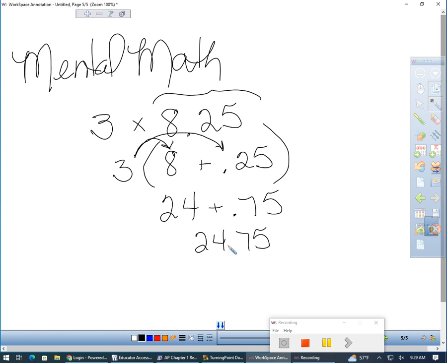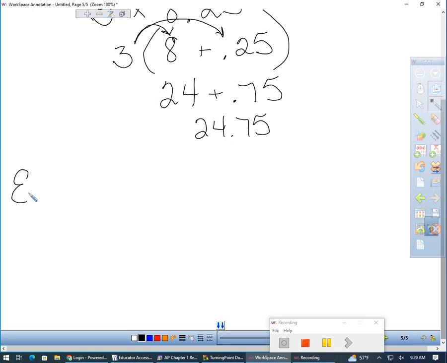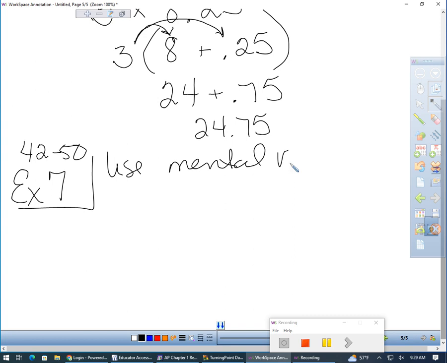Okay? So let's try this one. I'm on example 7, right? Yes. Okay, example 7 is going to cover 42 through 50, the rest of it. Use mental math, which means no calculator.